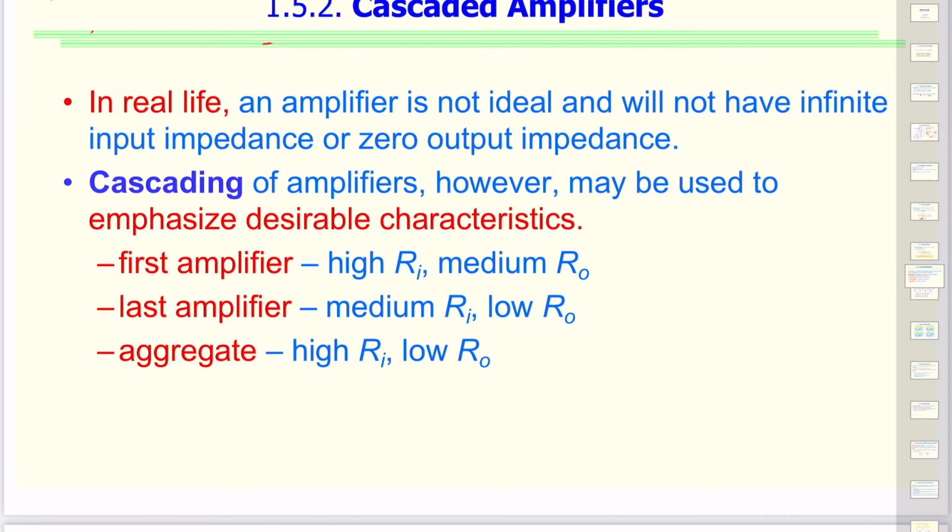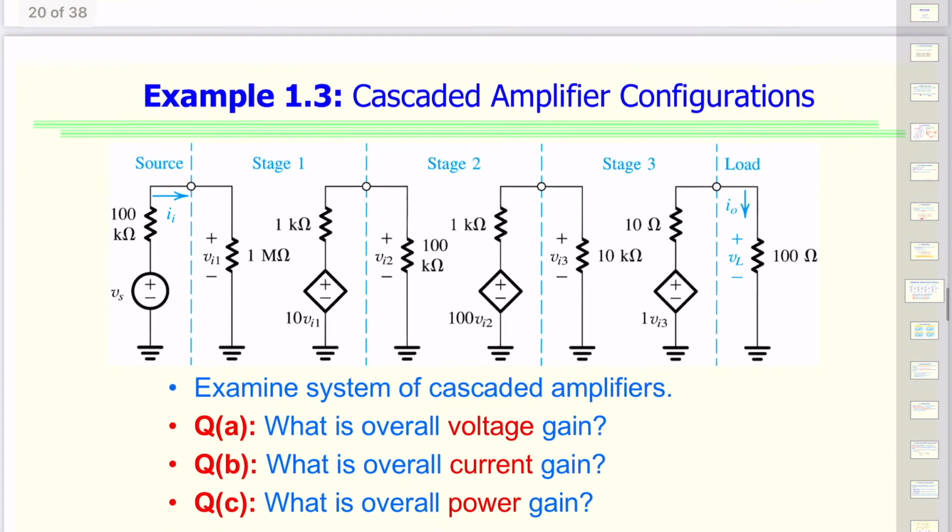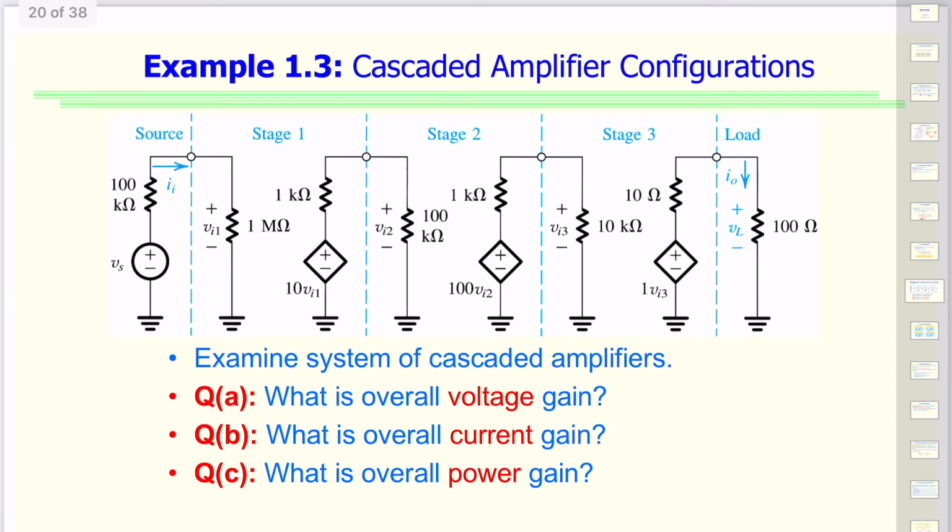So what we do is avoid losing voltage signal strength at the amplifier input. We design it to have an input resistance much larger than the source resistance. It gives us small voltage gain, for example. The first stage is giving us very modest voltage gain, but what it is giving us is input resistance which is much larger than the source resistance.